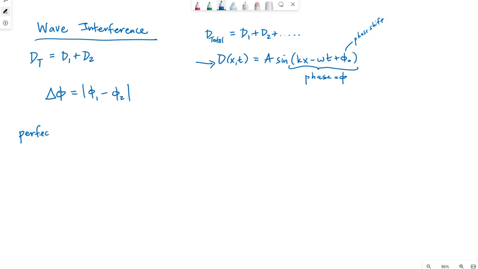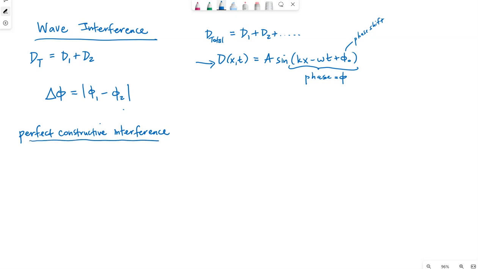As we mentioned before as well, perfect constructive interference. And to get this, remember, we have to have identical waves. So same wavelength, same type of wave, they'll have the same frequency, same speed.